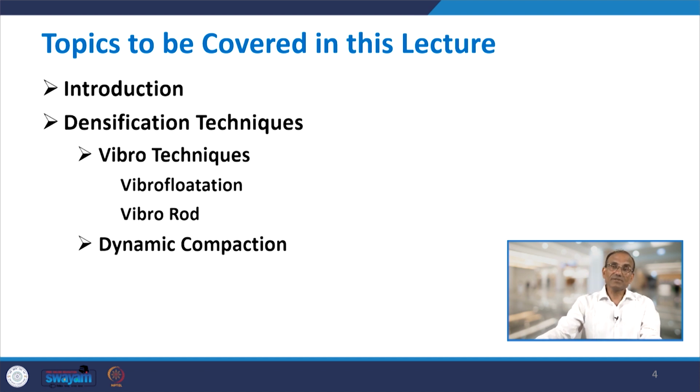And one of the most widely used techniques is densification techniques. In the densification techniques, we will discuss 4 parts: Vibro techniques, dynamic compaction, blasting, and the reinforcement techniques. All these will be covered under densification techniques. Coming to the Vibro techniques, they will be covered in 2 parts, Vibro flotation and Vibro rods.